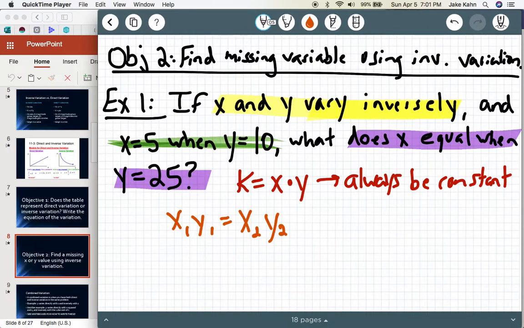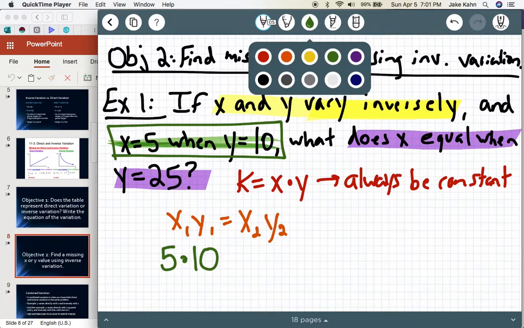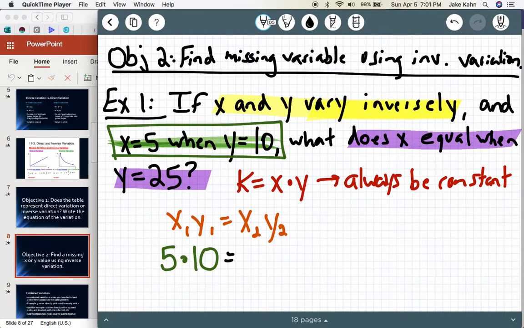So our first x and y values, I'm going to do in green, it's written right here, x equals 5 when y equals 10. So that's what x1 and y1 will be. x1 is 5 times y1 is 10. Okay. This is equal to x2 times y2. What are our second x2 and y2 values?